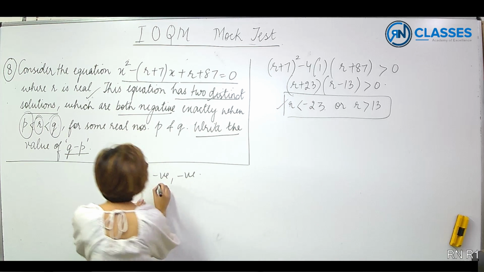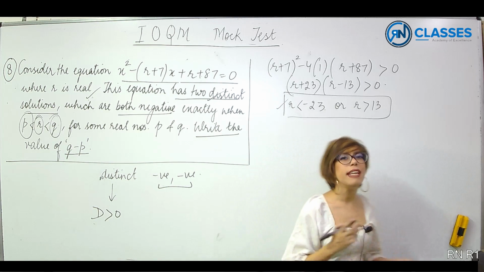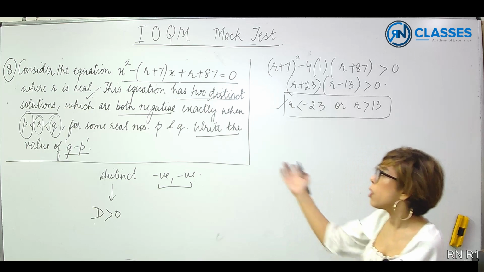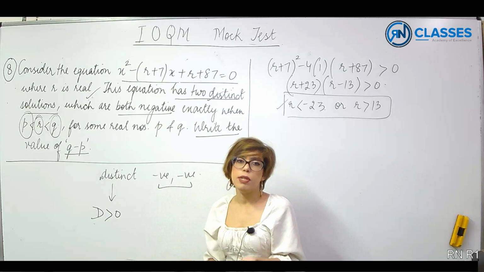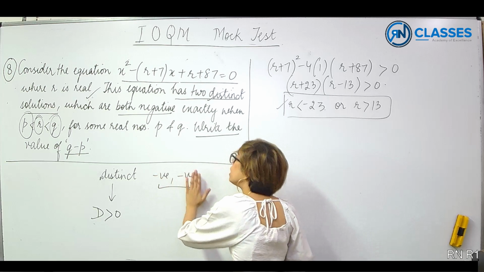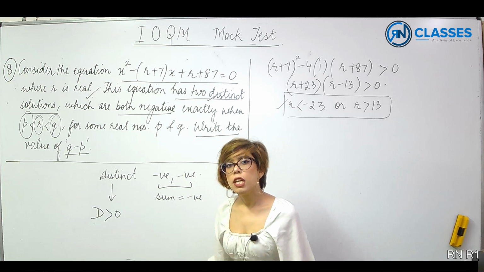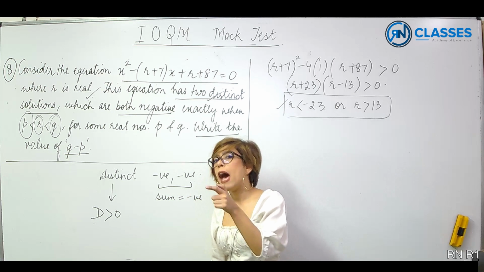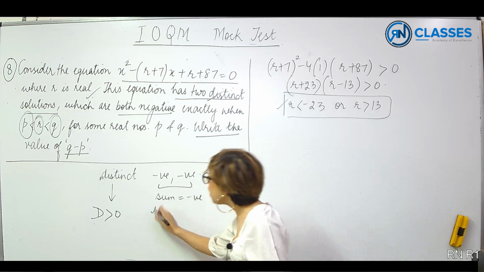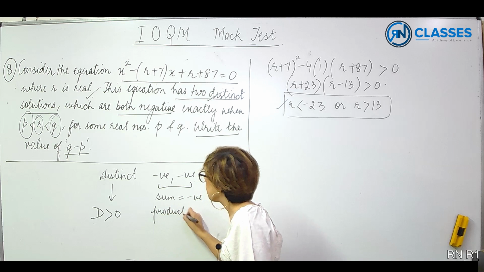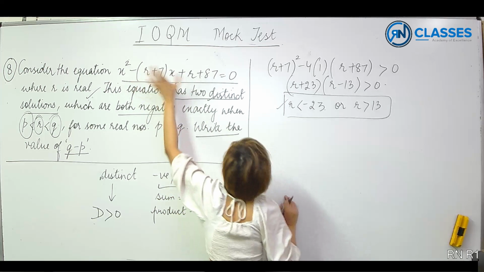Now, let me utilize the second condition. Second condition is both the roots are negative. That means what can I say about coefficients, because R is involved in the coefficients? What can I say about the coefficients of the equation? Mind it, if both the roots are negative, that means sum will be negative. Right? Now, sum of roots you can have using the coefficients. Also, if both the roots are negative, that means product has to be positive. Right? Now, first of all, sum is negative. Sum is nothing but R plus 7.